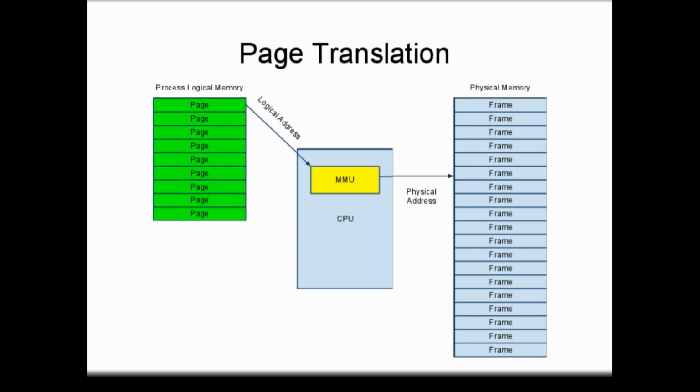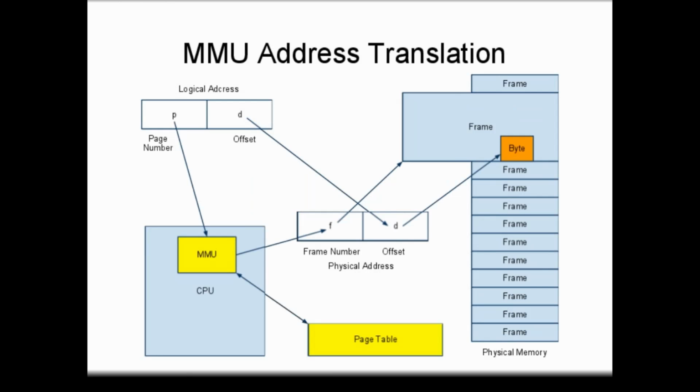The resulting physical address will be to some point of a physical memory frame. Note that individual memory addresses within pages or frames still remain contiguous, which is important because the MMU translates page numbers to frame numbers, leaving the offset to the memory location within the page unchanged.